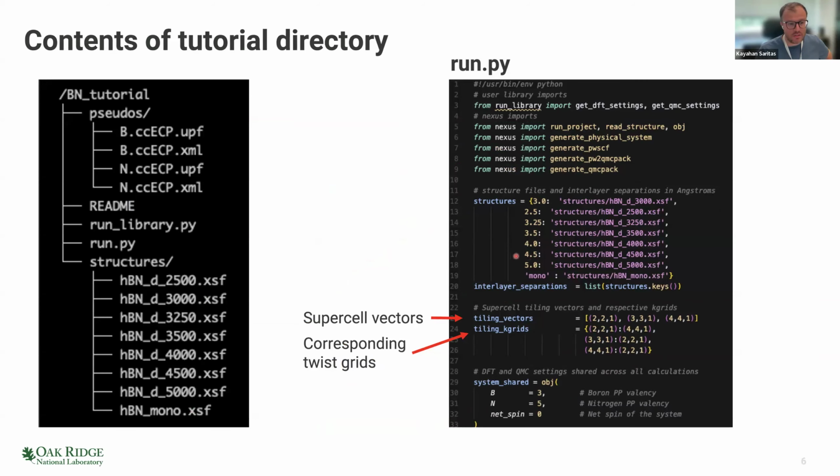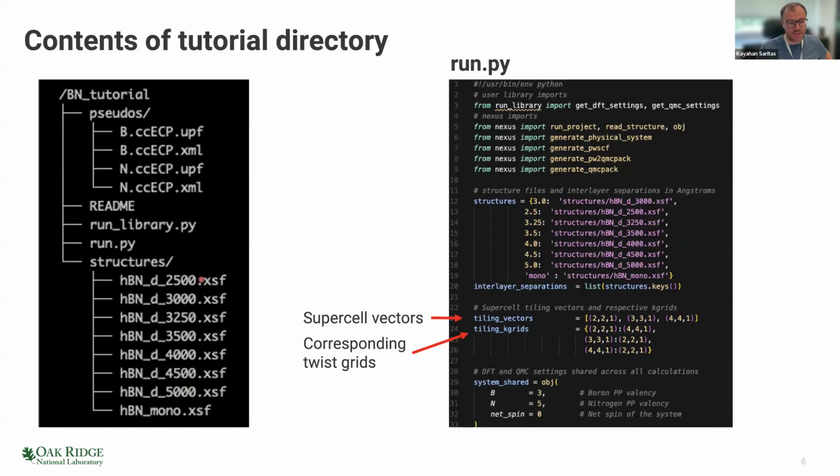The contents of this tutorial are, as I mentioned, the run.py and run_library files. There's a README file that you can also consult. The pseudopotential files and the structures are prepared here. I have 7 different interlayer separations and the monolayer structure for hexagonal boron nitride.